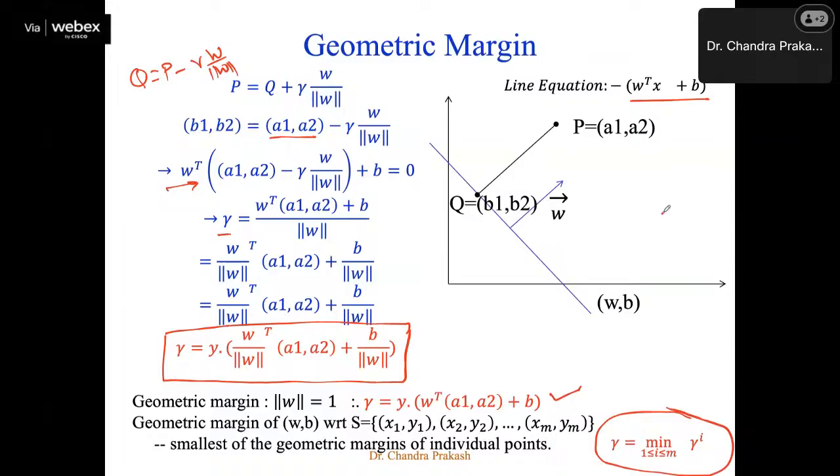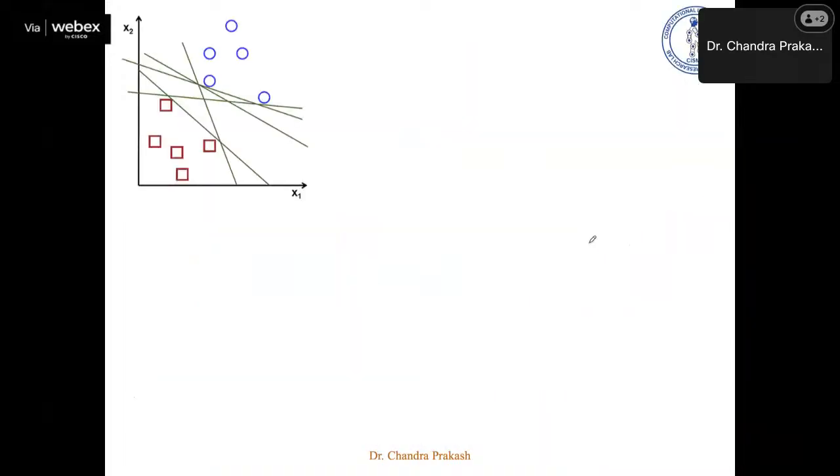So another point is over here. The distance from here to here, then we try to identify which particular point is having the minimum margin, and that particular point we will consider as a support vector. And let's say this is the margin that is the smallest one among these.